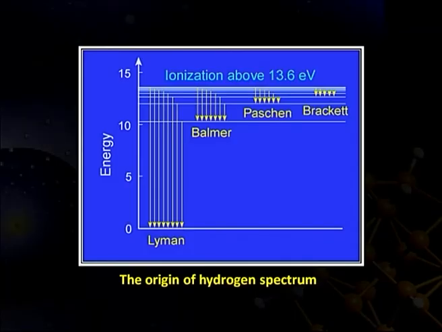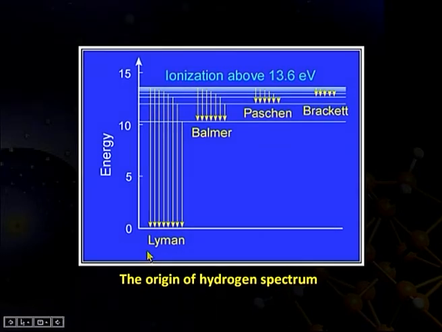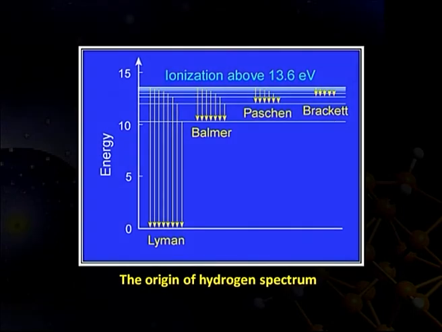This is the explanation of regions of the hydrogen spectrum on the basis of Bohr's theory, as shown in the figure. The regions of the hydrogen spectrum are the Lyman series, Balmer series, Paschen series and Brackett series.